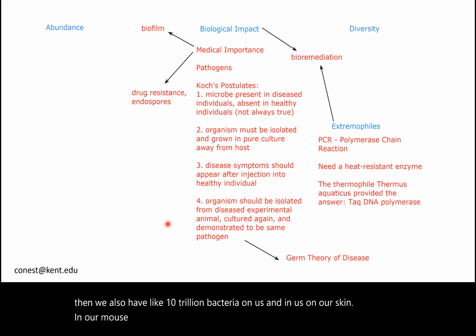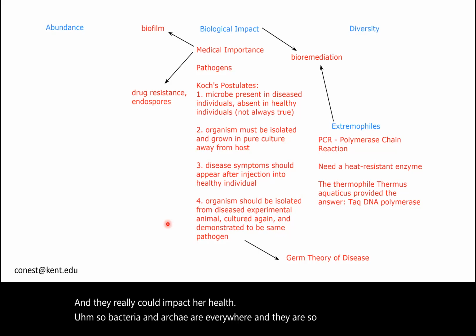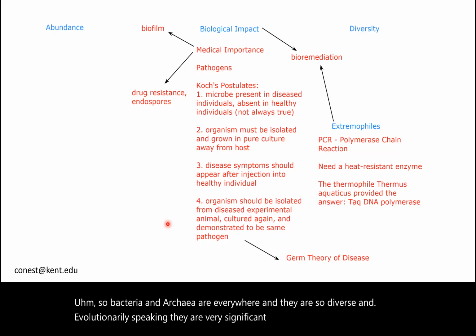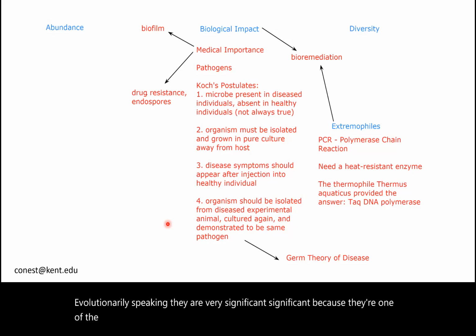They make up our microbiome, and they really can impact our health. So bacteria and archaea are everywhere, and they are so diverse. And evolutionarily speaking, they are very significant because they're one of the oldest organisms on Earth. So there's a lot we can learn from them.